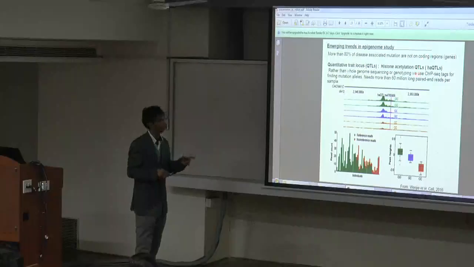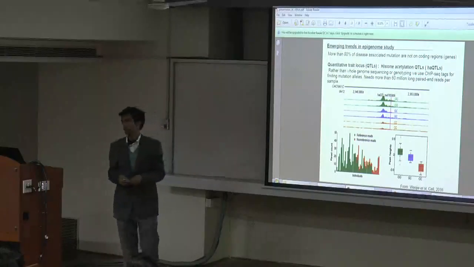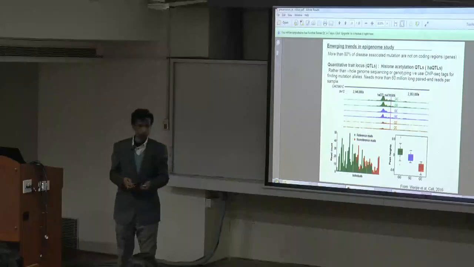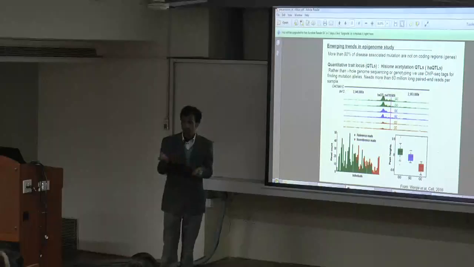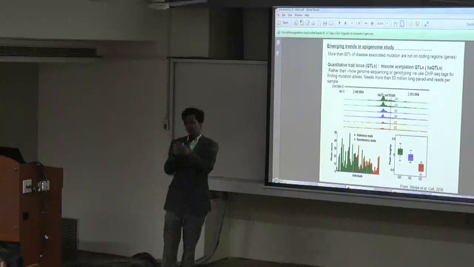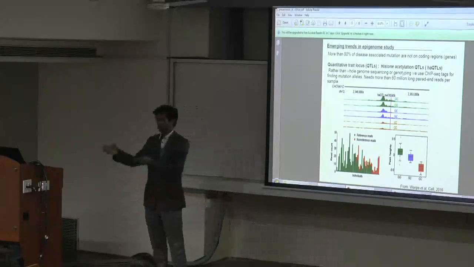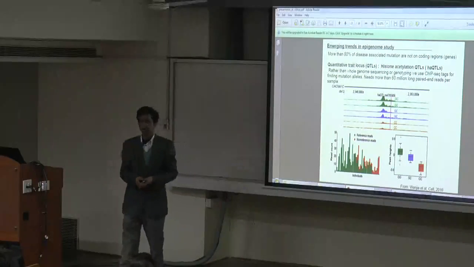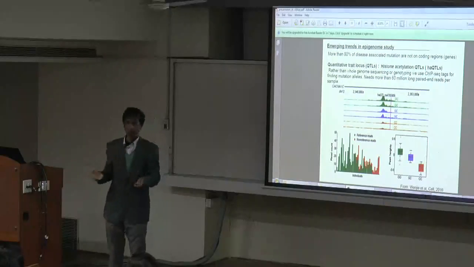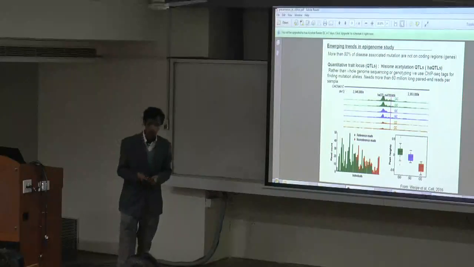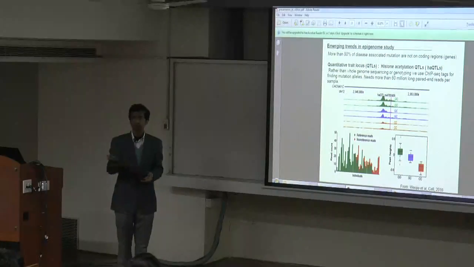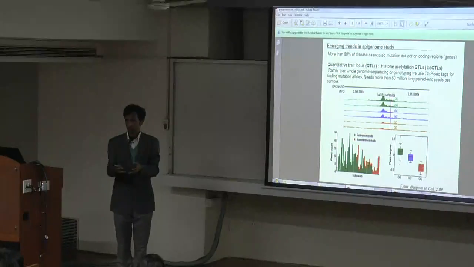So it's called HAQTL. You might have heard about GWAS studies. In a GWAS study, we genotype a sample of individuals, and we say these many individuals are patients, these many individuals are controls, and then we find the odds ratio: if an individual has this allele, the A allele at a certain location, what is the chance that he is more predisposed to disease?